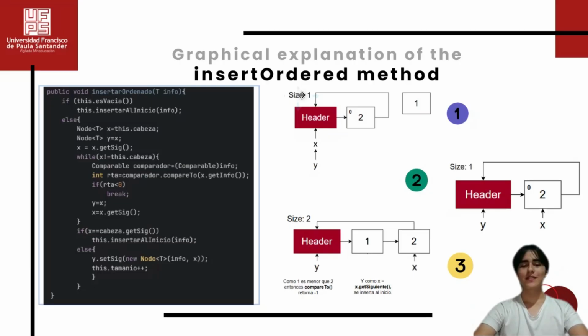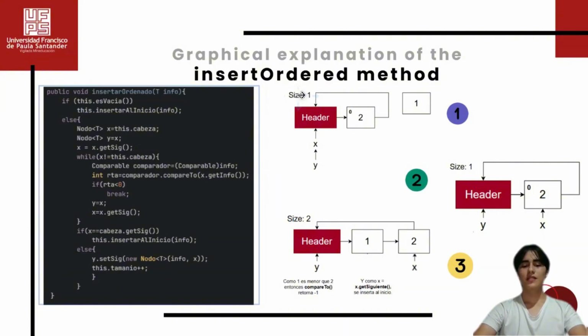Graphical explanation of the insertarOrdenado method. First, the method checks if the list is empty. In this example, the list contains the integer 2, and we want to insert the integer 1 in order. We create two pointers, y, which points to the head, and x, which points to the node after the head. Then, the method starts a loop that compares the new value with x's value.